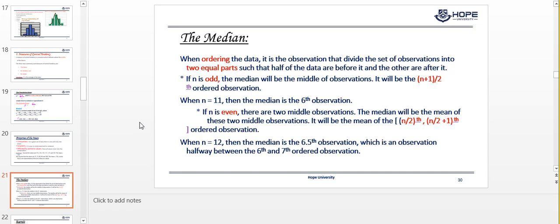The median will be the mean of these 2 middle observations, that is n divided by 2 and n divided by 2 plus 1. For example, if you have a total number of 12, then the median is the 6.5th observation, halfway between the 6th and 7th.